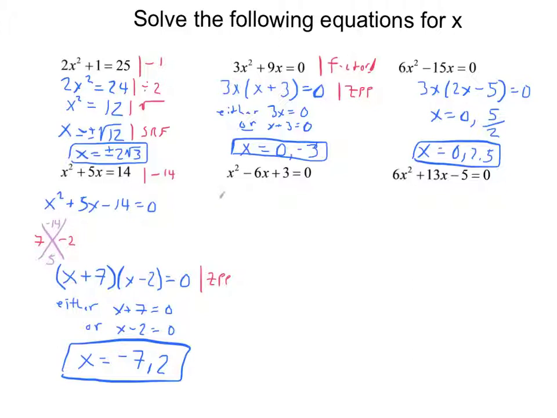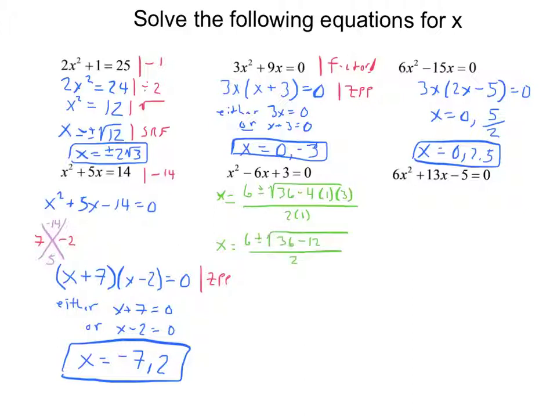Alright, so x equals negative b, negative negative makes it plus, positive 6, plus or minus the square root of negative 6 quantity squared, which is 36, minus 4 times a, which is 1, times c, which is 3, all over 2 times 1. Clean up the inside.